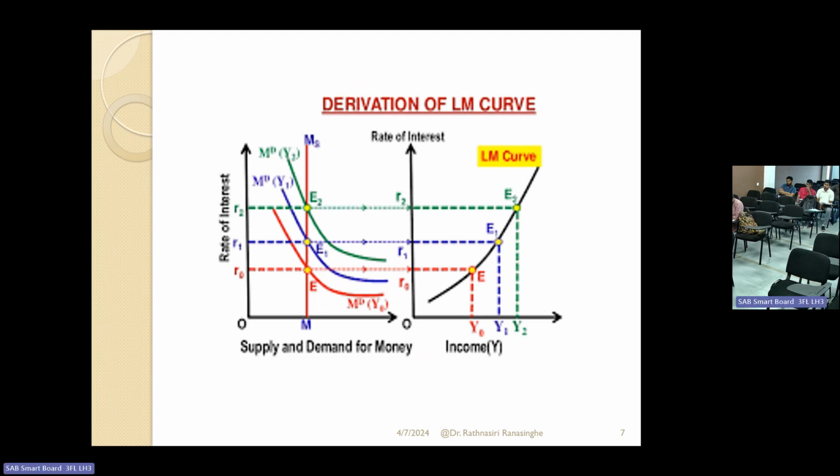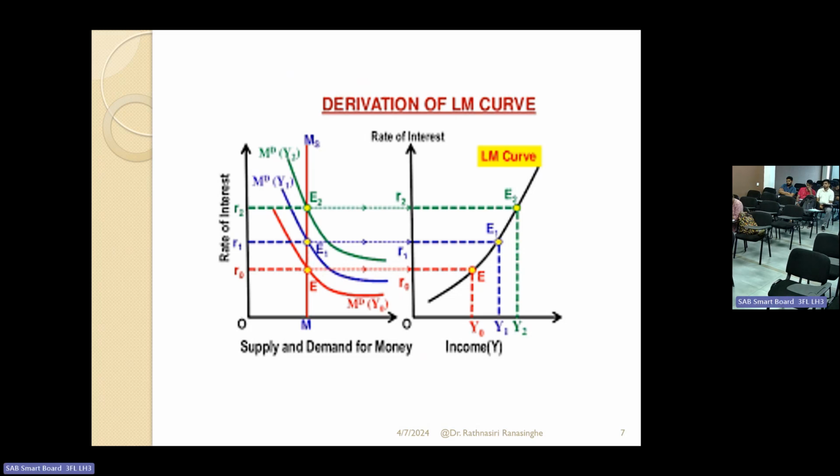When there is a rise in income, what happens to the economy? Money demand increases under the transaction and precautionary motives. People demand more money for the transaction motive and the precautionary motive. So the money demand curve shifts right. Then at the prevailing interest rate, what happens?